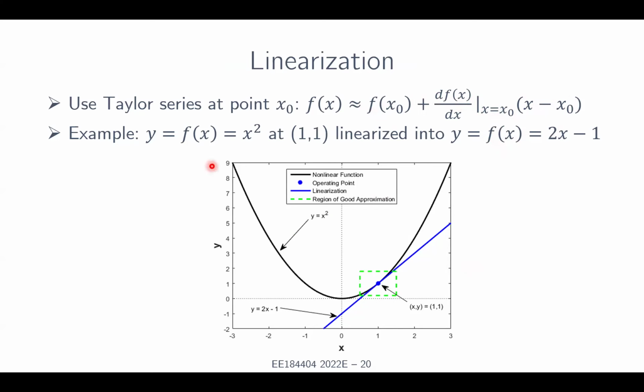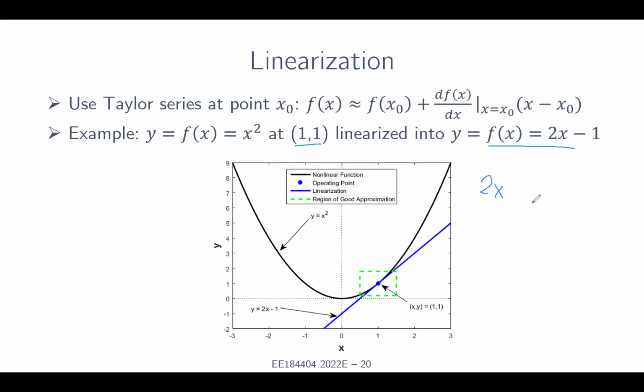For example, if you have x squared at 1, 1, this will be linearized into f(x) equals 2x minus 1, right? So how we do this is, we derive this x squared to become 2x, right?